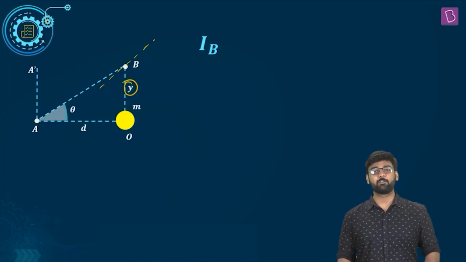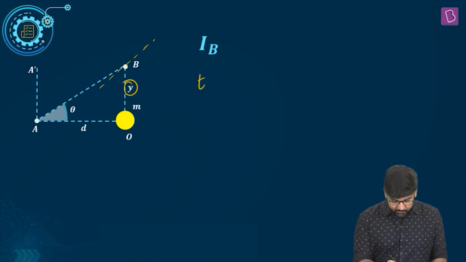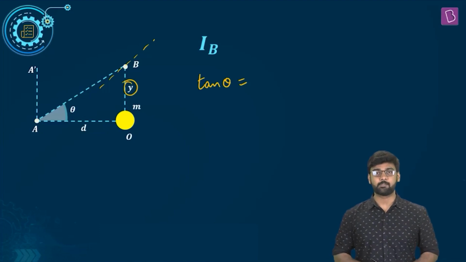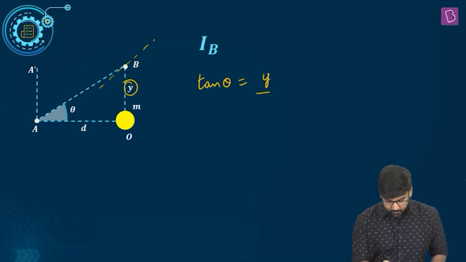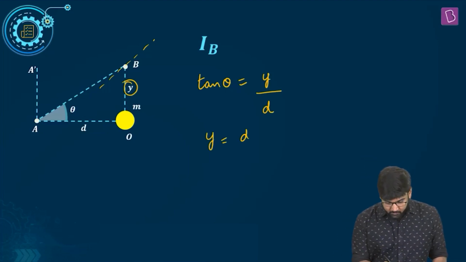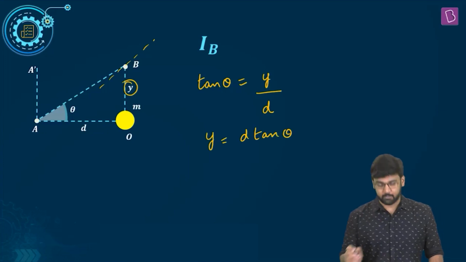So let's try to find out the value of y in terms of theta, and that we can easily do from this right angle triangle AOB. In this triangle, we can write tan theta is equal to perpendicular upon base. So perpendicular is y and base is d. So from this relation, we can write y is equal to d tan theta.